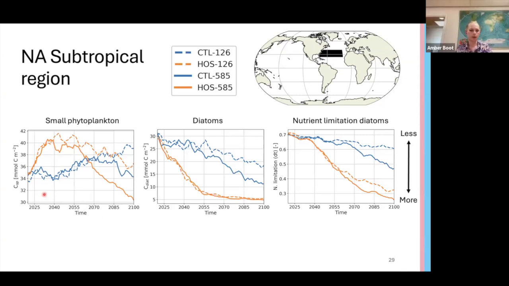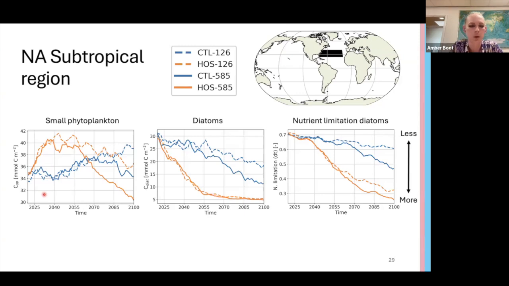Yeah. So what I also tried to explain in the flowchart I showed earlier is that temperature plays a role, light availability plays a role, and nutrient availability plays a role. And those processes are not necessarily connected. Then also the region plays a role. Where are we in the ocean?